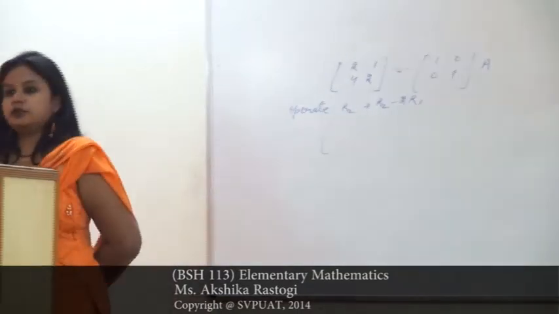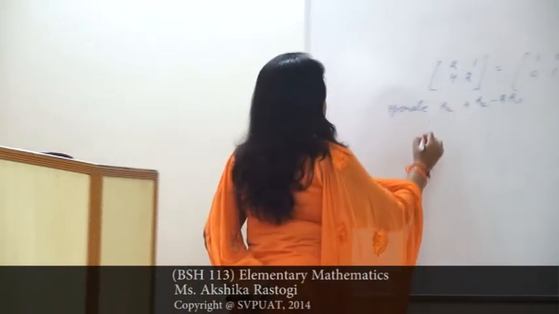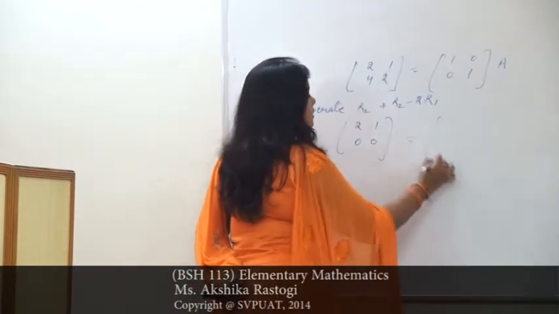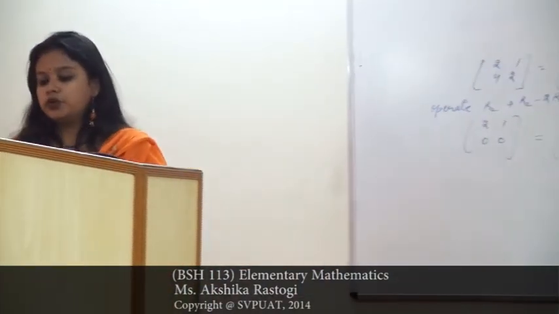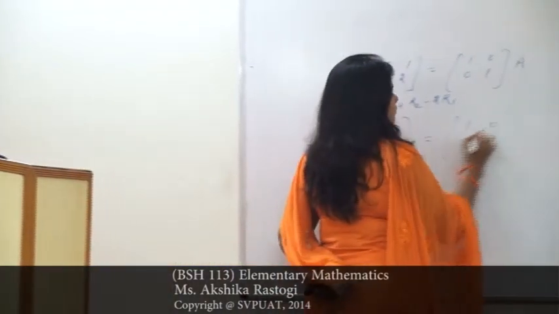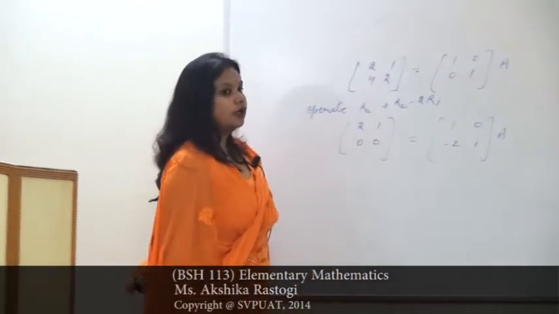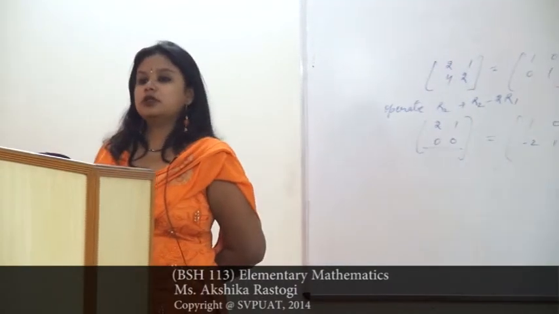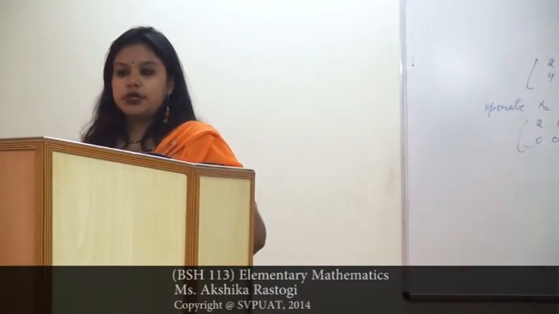So we have 2, 1 and 0, 0, and the same transformation we apply on the right hand side also. Then we get 1, 0 and minus 2, 1 into A. Now we can see here that the row R2 is 0. All the elements in the second row are 0.